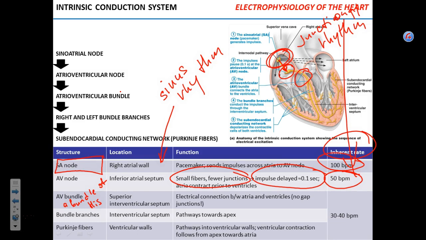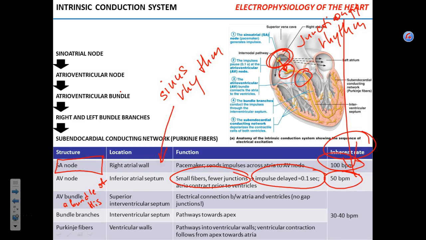So if I ask you, why is it important that there are no gap junctions? In order to figure out, what do you have to imagine? What if there are gap junctions between the atria and the ventricles? If there would be gap junctions when atria contract, what would happen practically instantly?